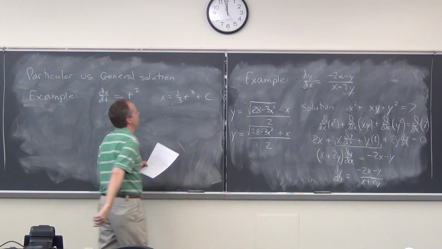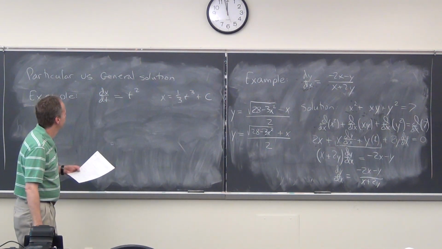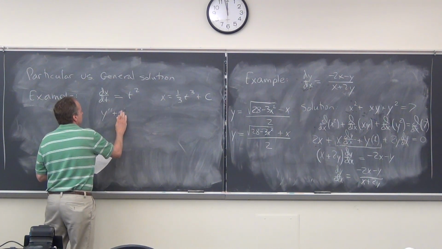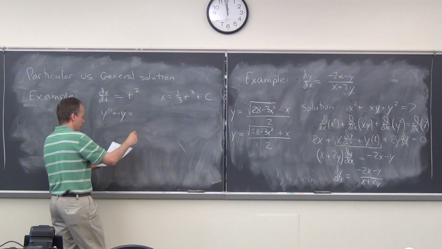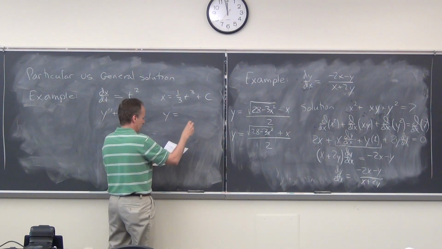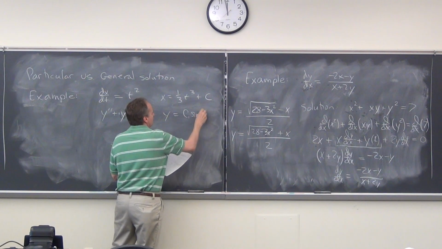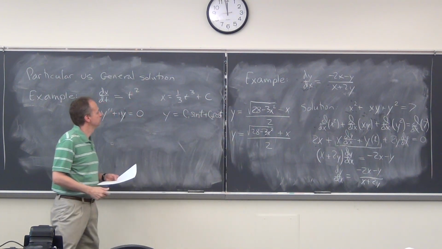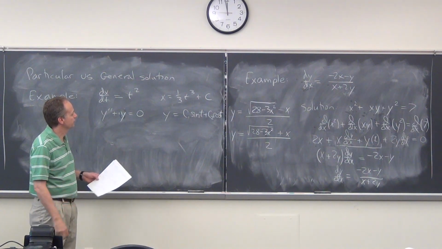I think I was just using y's and x's instead of x's and t's. This one we have written down one solution before, but it turns out there are many others, all of which have that form: C1 sine of t plus C2 cosine of t.